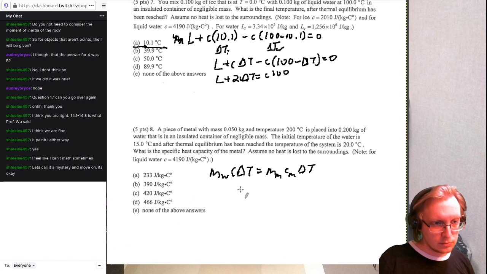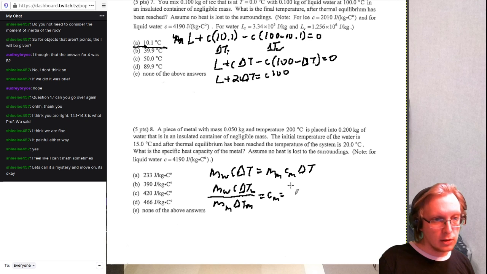Okay, so we need to solve for the Cm here. So we have mass of the water, C delta T for it, divided by mass of the metal, delta T for it, and that is equal to our Cm.